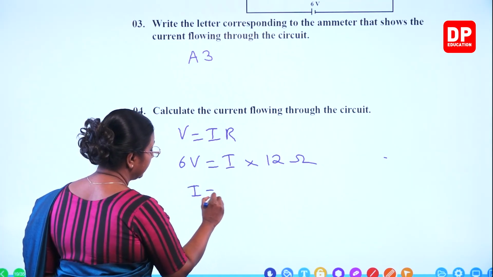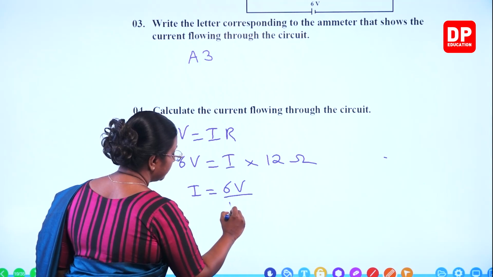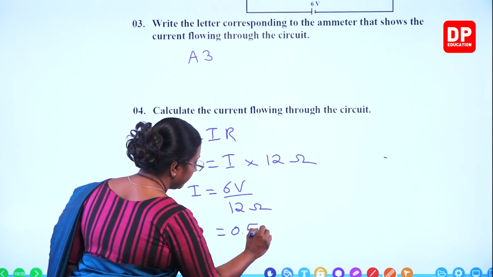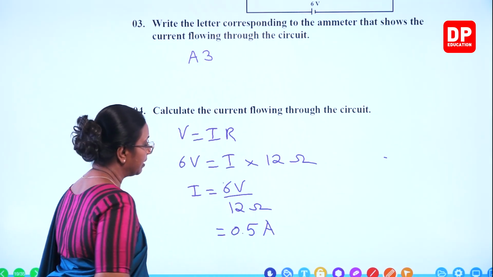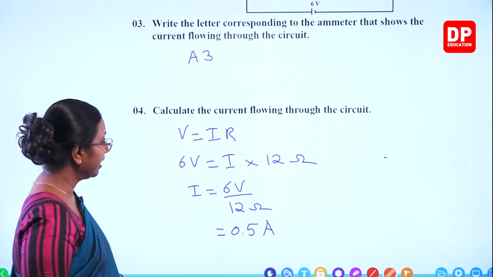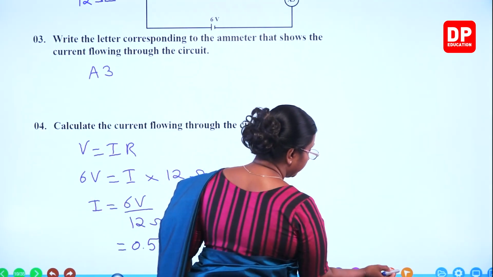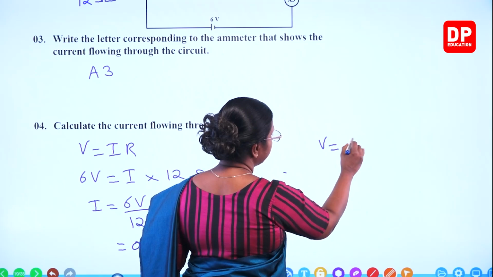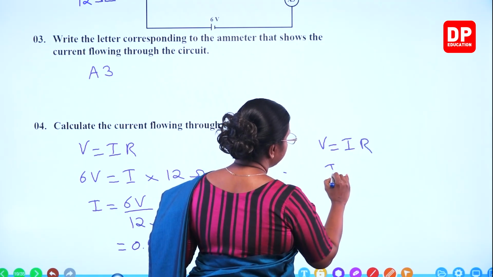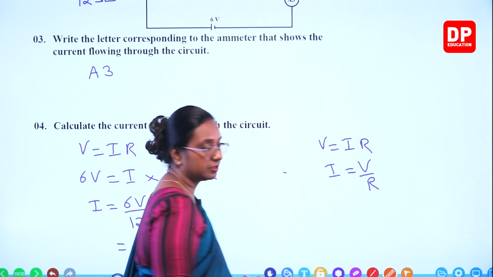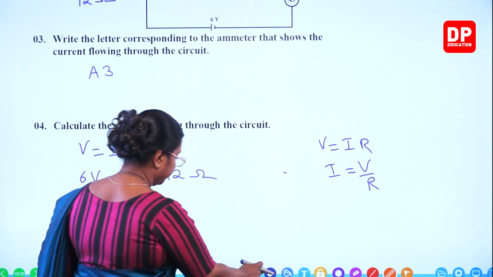So I will be equal to 6 volts divided by 12 ohms, that is 0.5 amperes. Students, like I said before, you have the equation V equals IR. You can rearrange it and then substitute and do the calculation. Either way is fine.